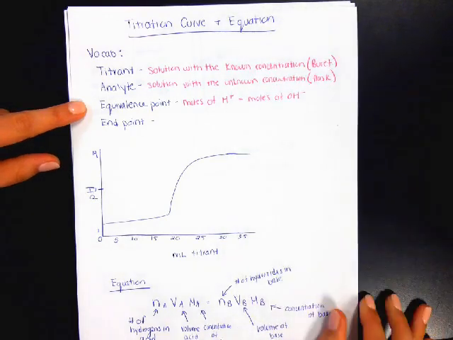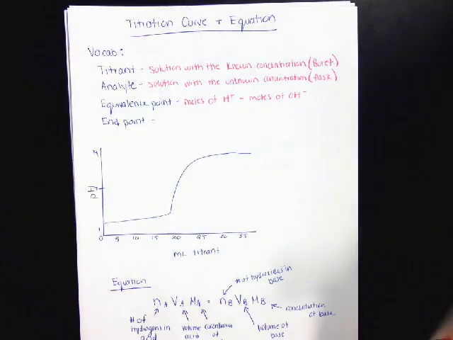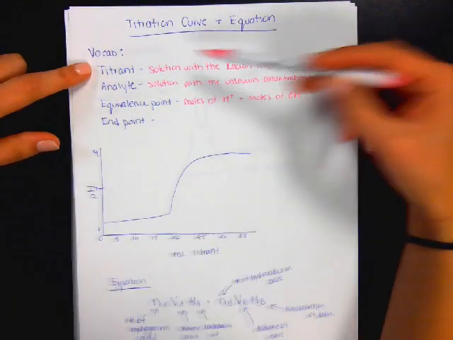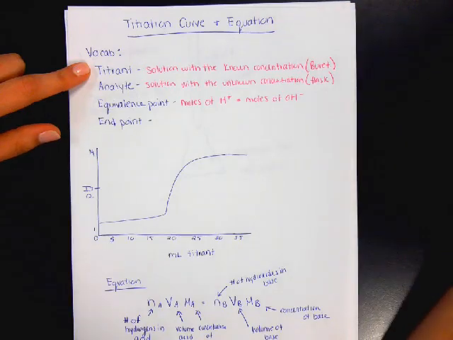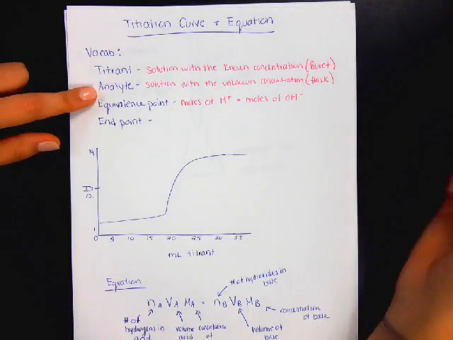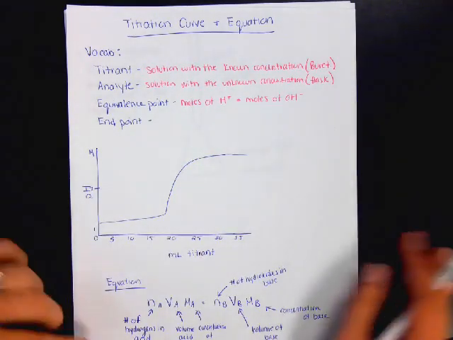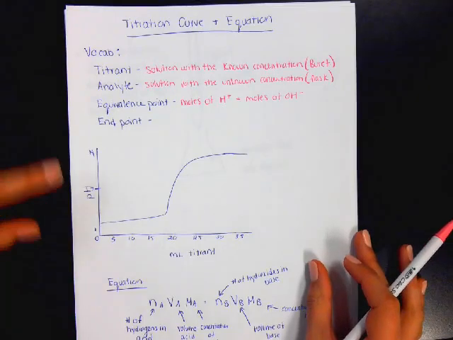It's when you have exactly neutralized your acid and your base. In a lab setup, the titrant is either going to be the acid or the base, and then your analyte is going to be the other one. So your equivalence point is when the moles of the hydrogen ions that are part of your acid are equal to the moles of your hydroxide ion that are part of your base.